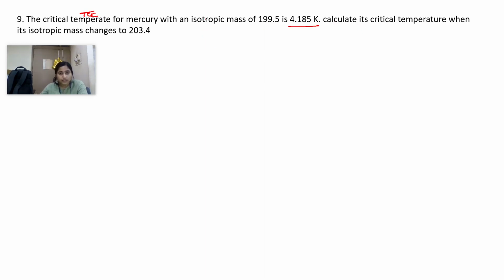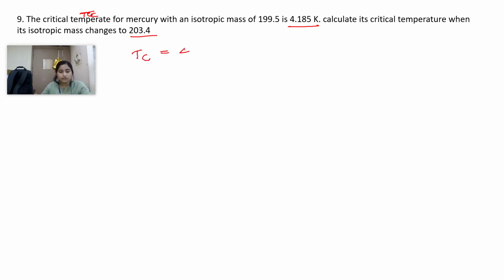Calculate the critical temperature when the isotopic mass changes to 203.4. Here the isotopic mass is given and the critical temperature is given. You have to calculate the critical temperature when the mass is 203.4 units. Now in this case, what are the parameters given?